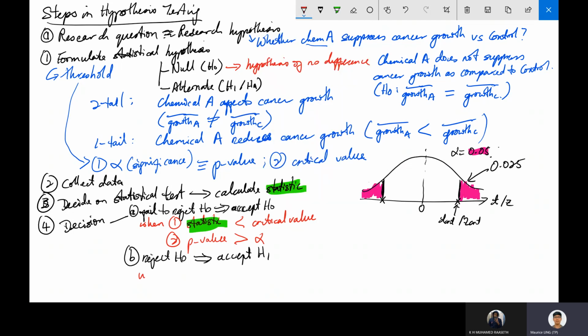It's the reverse: when the statistic is more than the critical value, or the p-value is less than the alpha that you give.